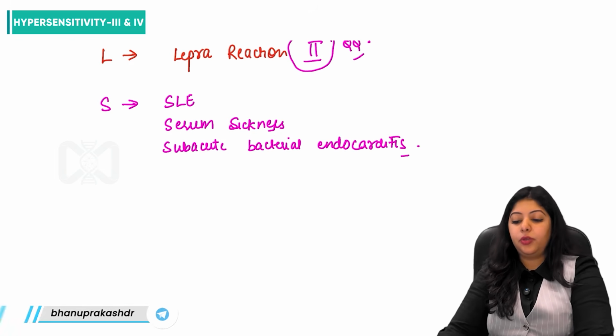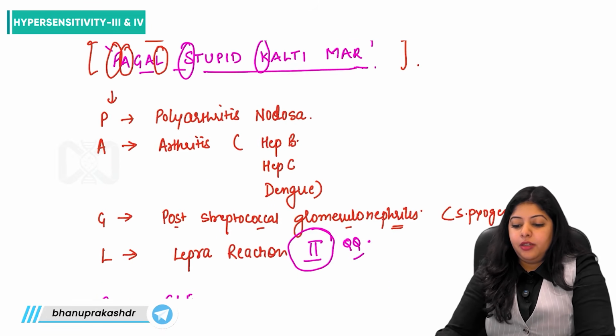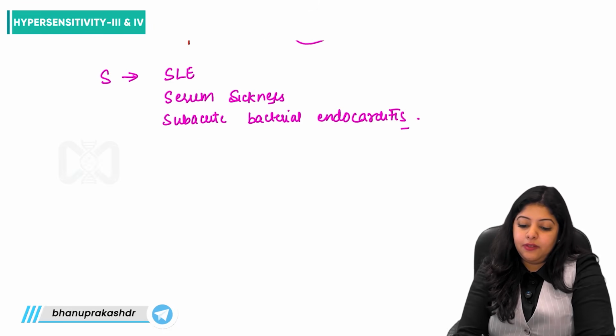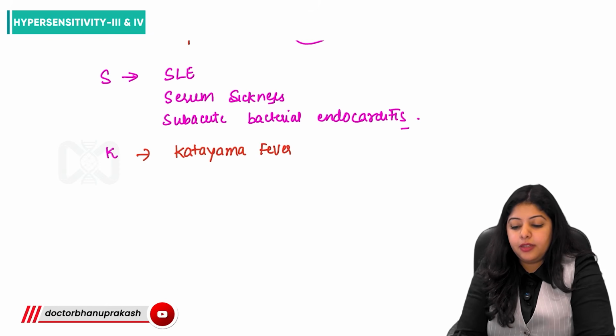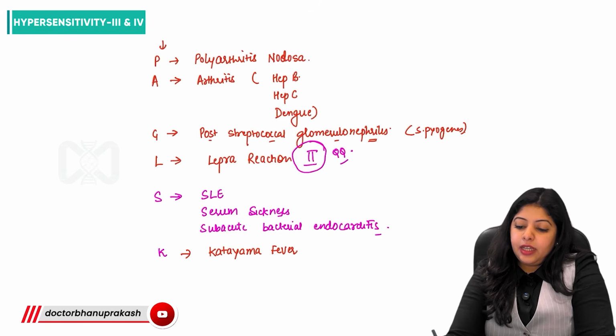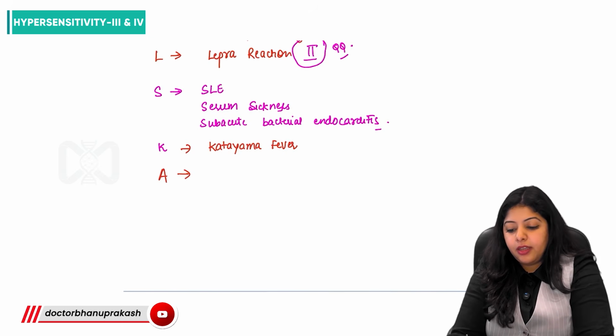Subacute bacterial endocarditis. So with K, we have Q fever, right? A stands for African trypanosomiasis.